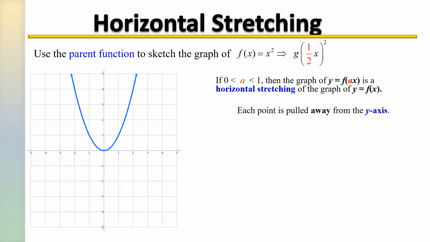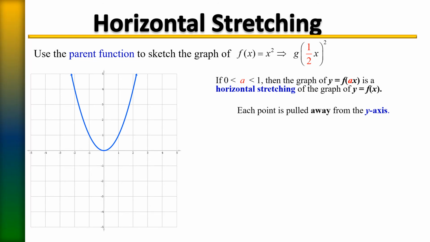In this example, we're asked to use the parent function to sketch the graph of f of x equals x squared. In other words, the quadratic function. And notice with horizontal, it is always within the function itself. Notice it's there in parentheses and it's there in front.